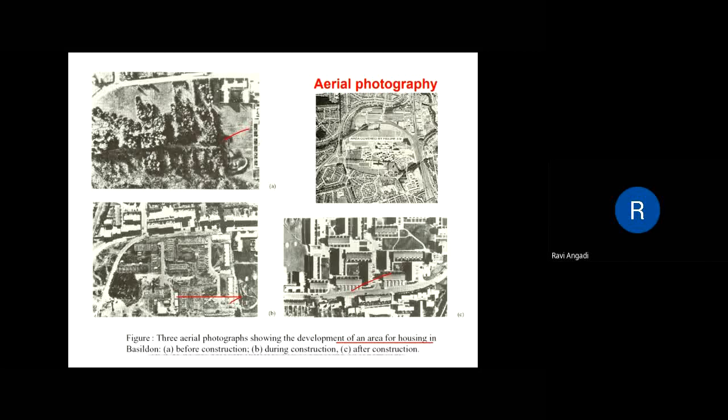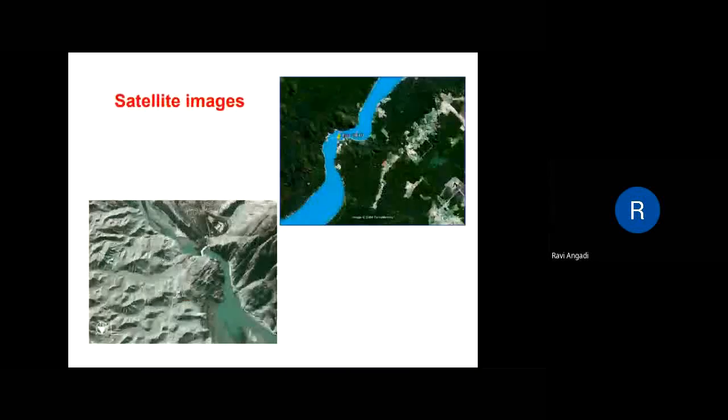So this is how we get aerial photography in a reconnaissance survey. And the geotechnical engineer should sometimes also take satellite images into account for the study of the site.